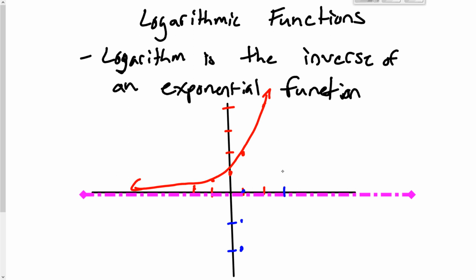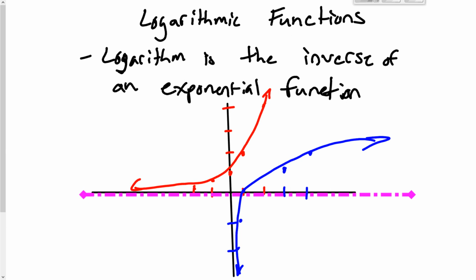Then 2, 1, and then 4, 2. So it looks something like my 1/4 right here is not very good 1/4. So let's fix that. 1/4 maybe right there, 1/2 right here. So maybe that's a little better. So it comes down this way and then up this way.